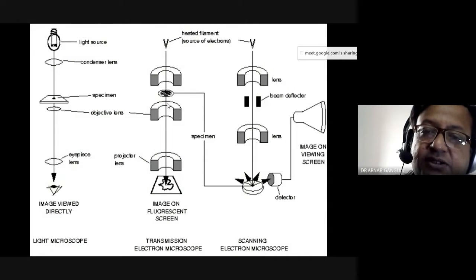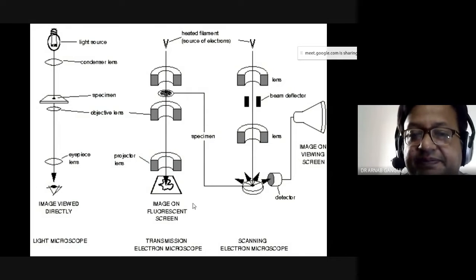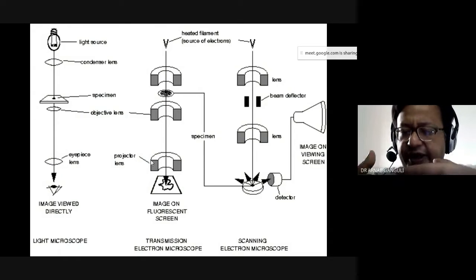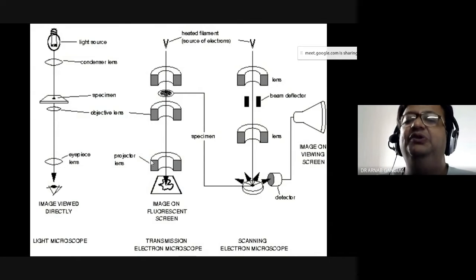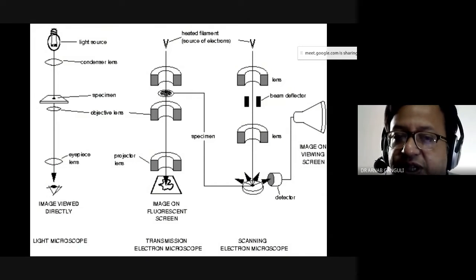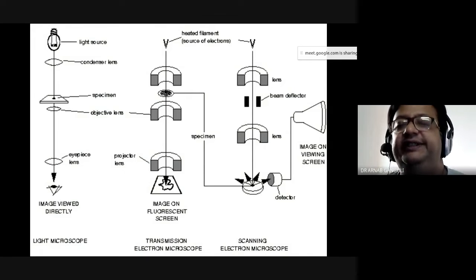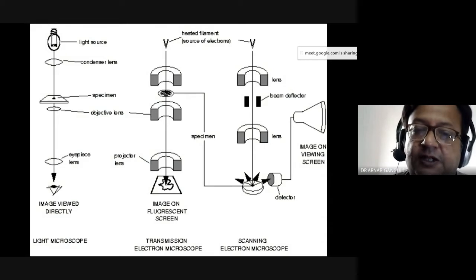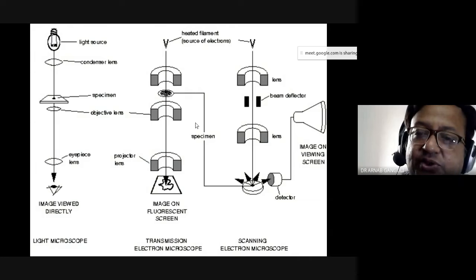The electrons pass through the specimen. These are the objective electromagnetic lens. And then you get an image on a screen. So these are not lenses, but a surrounding magnet, an electromagnet. You surround it in a tube, and that influences the path of the electron. So this is the transmission electron microscope.